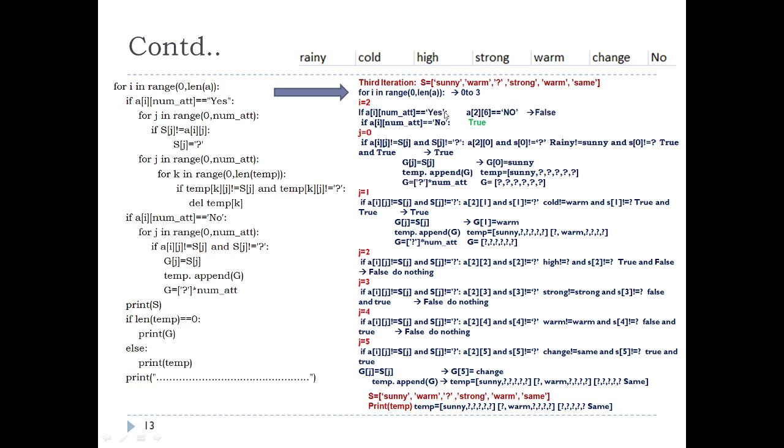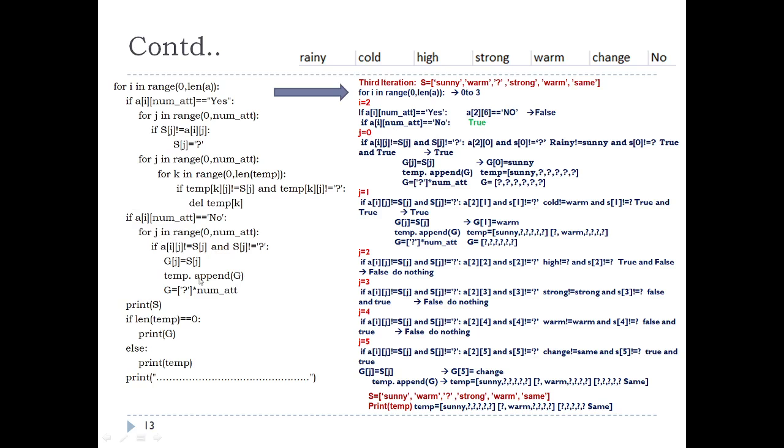So it will not go, it is not a positive example. So it will come down here. If a of i of the number of attributes is equal to no, yes, so it will come to this. This condition becomes true, this condition becomes true. So now we have to execute this part of the code.